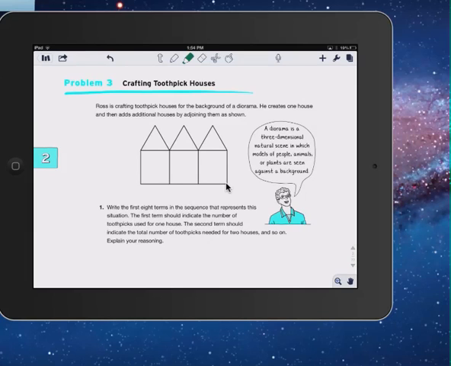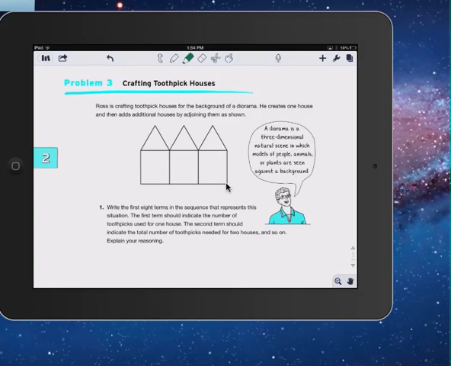Okay, you're making a toothpick house. Ross, that's the child's name, is crafting a toothpick house for the background of a diorama. He creates one house and then adds additional houses by adjoining them as shown.